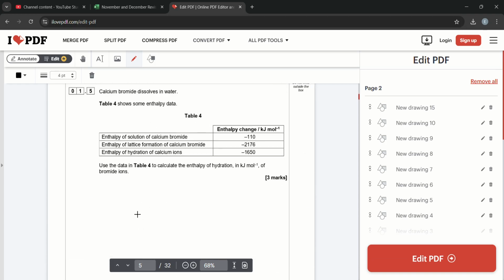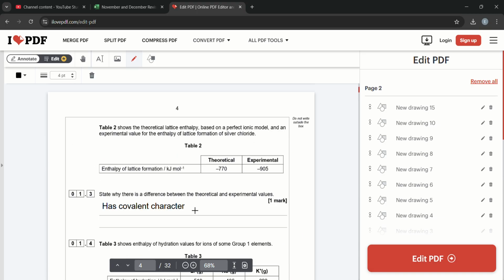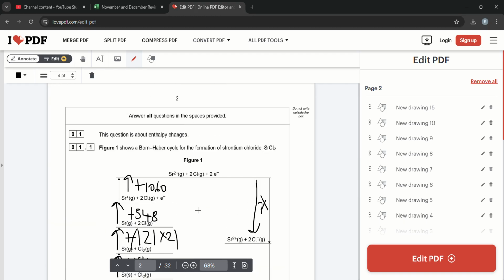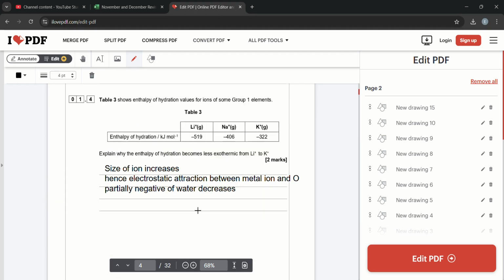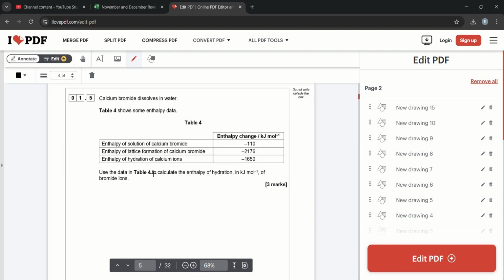And then it says 1.5, calculate the enthalpy of hydration. So if you think about it, we are going from calcium bromide to it dissolving in water.